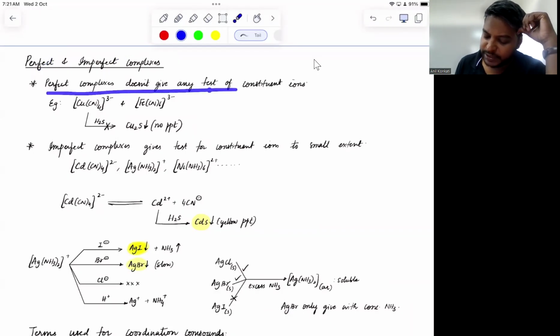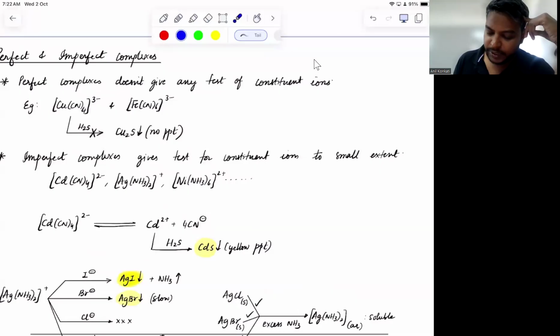See, perfect complexes do not give tests for constituent ions present within the bracket. It will not ionize into copper or cyanide. Therefore, there is no presence of Cu+ or CN-. So if you treat with HCl, you will not see any precipitate of Cu2S.